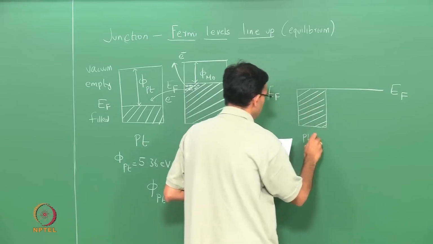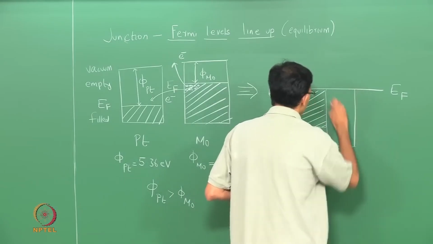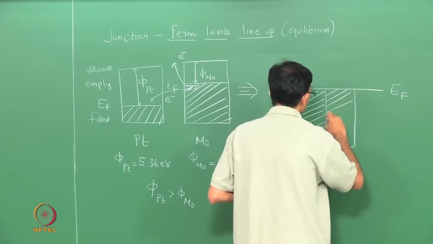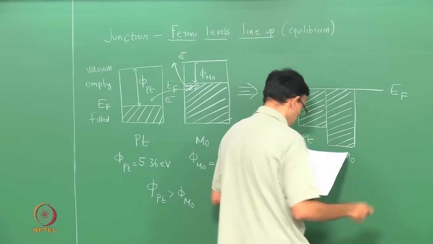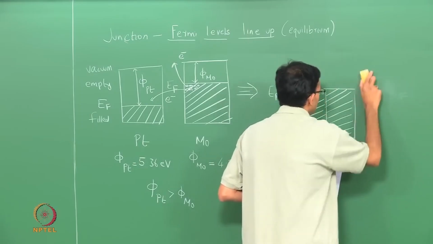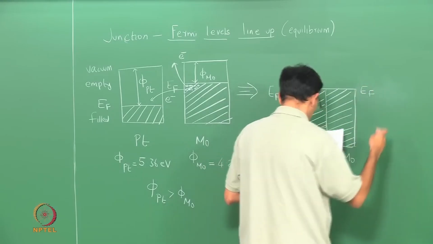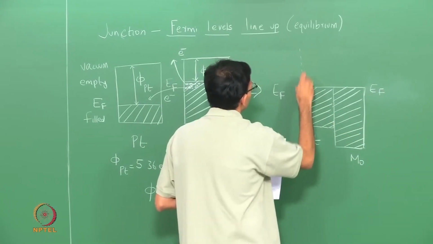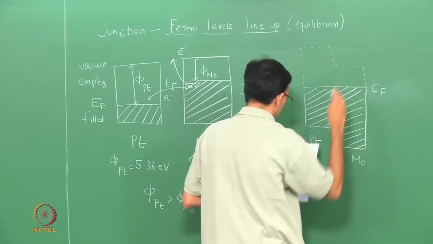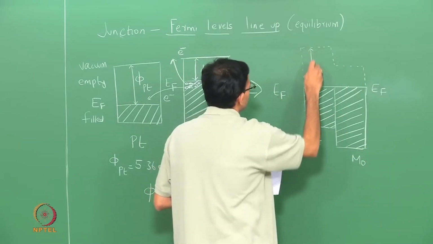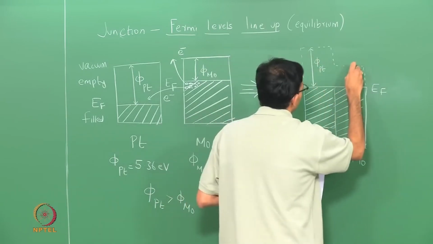So, this is platinum and then this is moly. Let me just erase that extra portion here. So, this is the work function of platinum, this is the work function of moly.